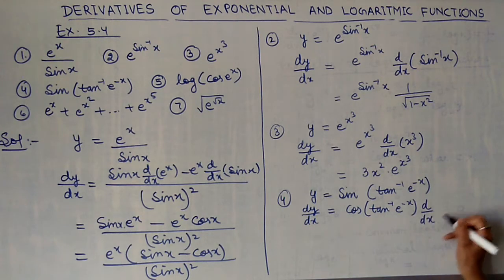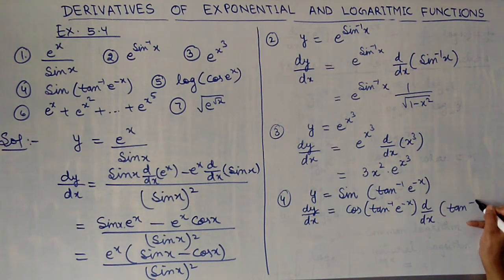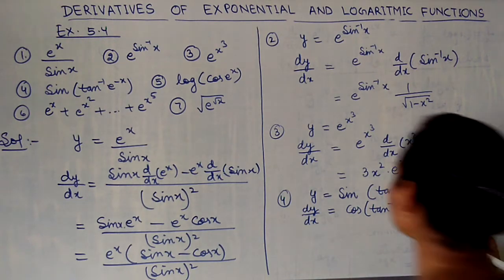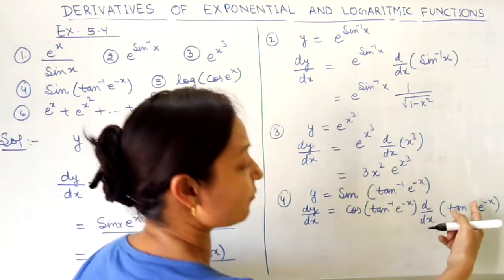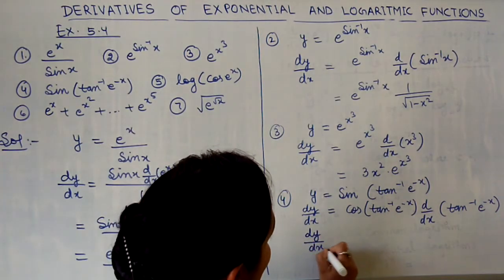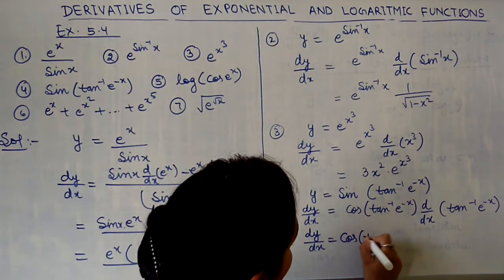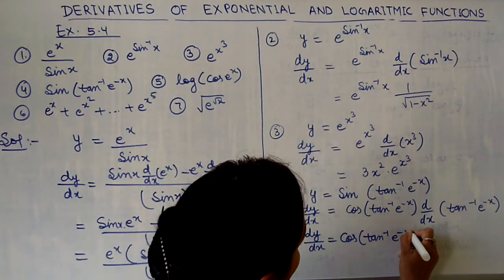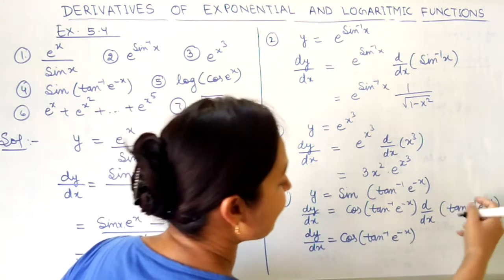Then the derivative of tan inverse exponential of minus x. So dy upon dx is equal to cos tan inverse exponential of negative x, and what is the derivative of this?